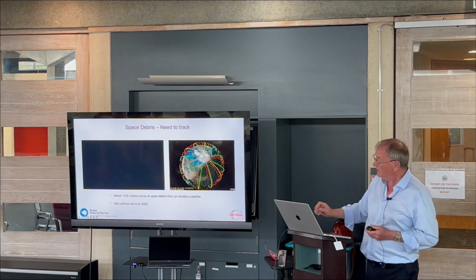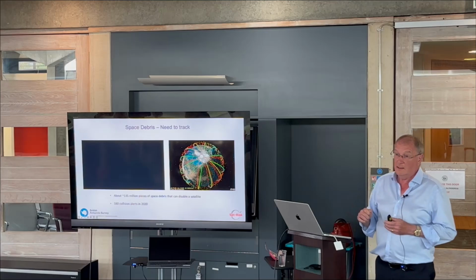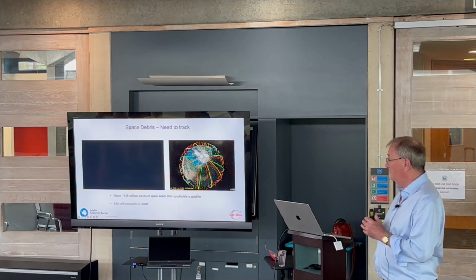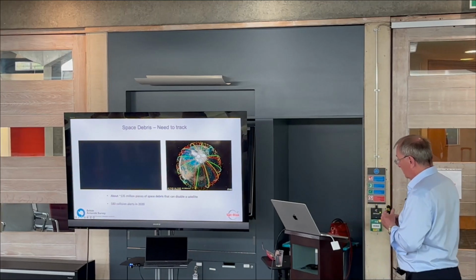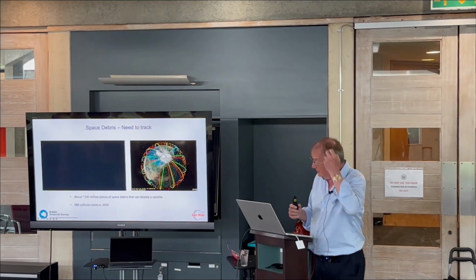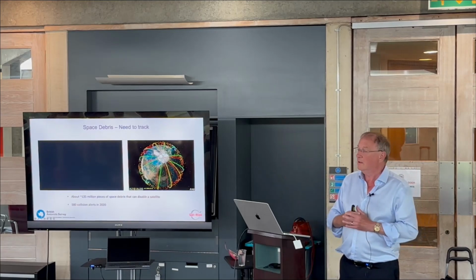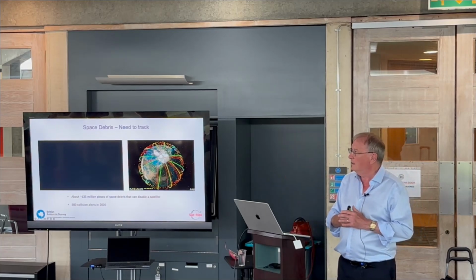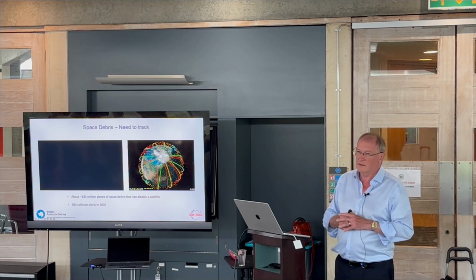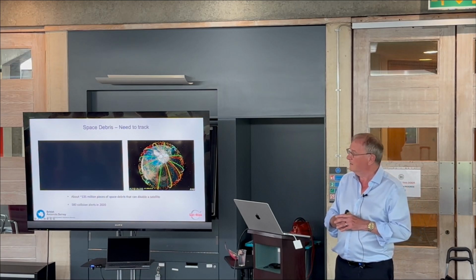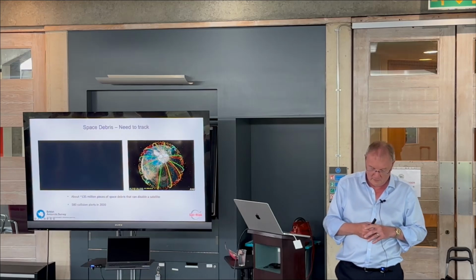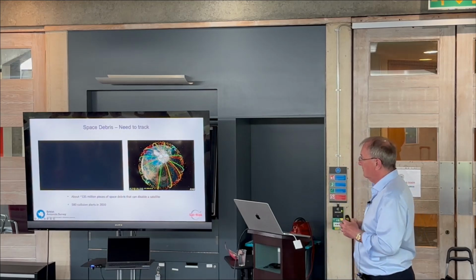So, another problem, space debris. This is much more highlighted in the news now, and rightly so. We've launched so many satellites up into space. There's something like 6,000 satellites on orbit, in low Earth orbit right now.